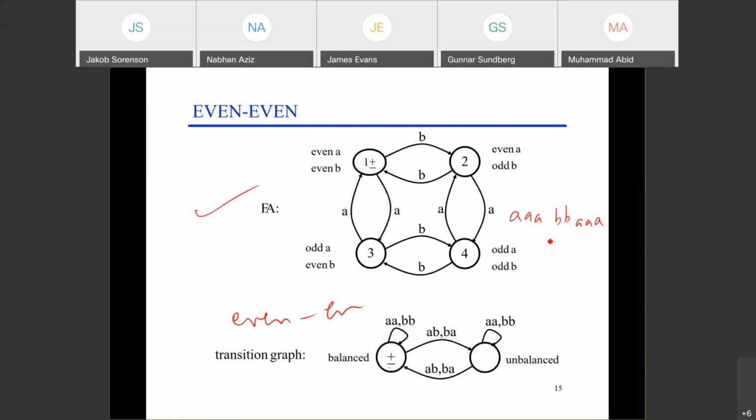Two A's will be here, and then we pass this AB, it will be here, and then, oh, it is not handling B. Oh no, it handles BA. It handles BA. And then the last two A's again here. So yes, it handles it. You see, it should work.